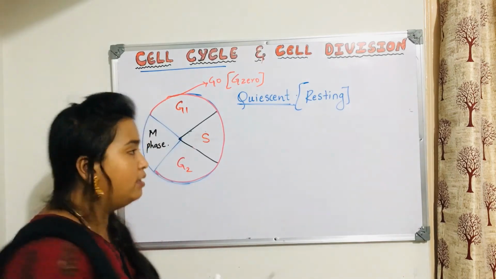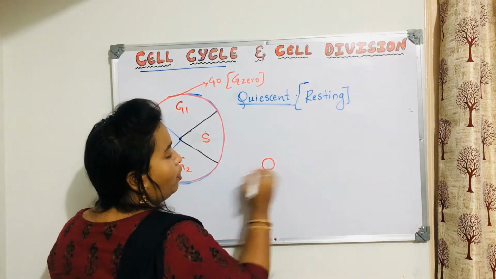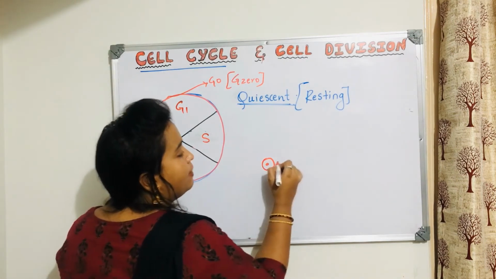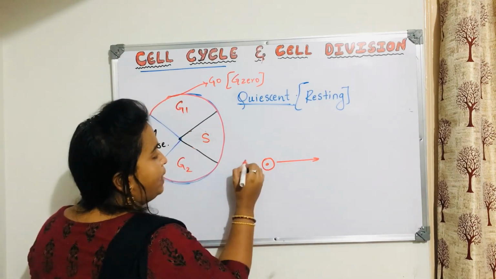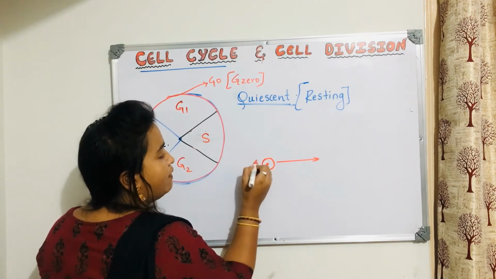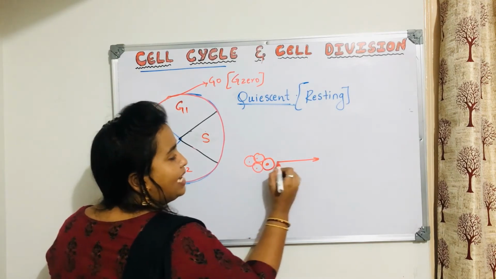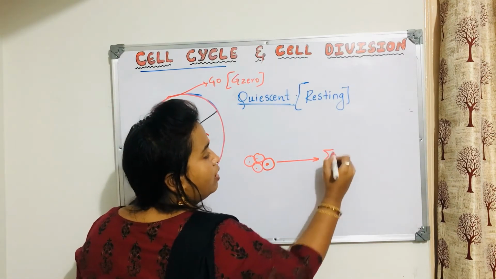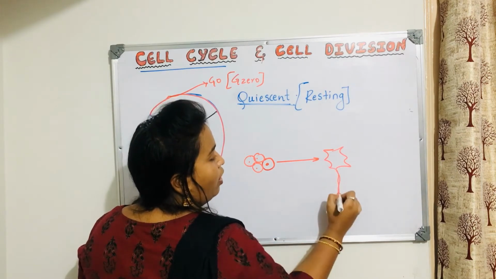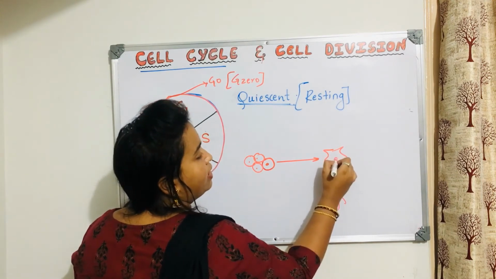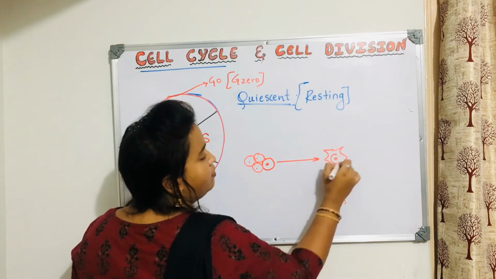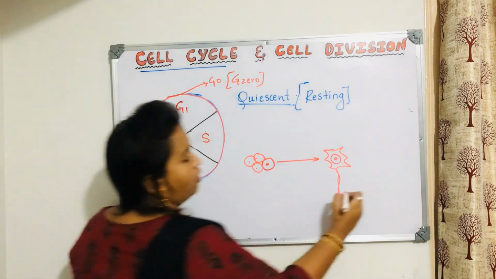Now for example, cells of the body, this cell has been produced because of cell division only, no? Like this. Now this particular cell has taken the function of neuron and it is functioning as a neuron now. Now what is neuron? You know that it is brain cell. This is neuron.